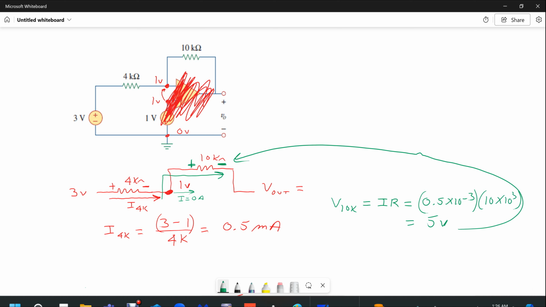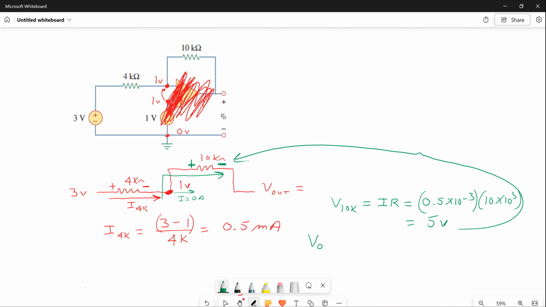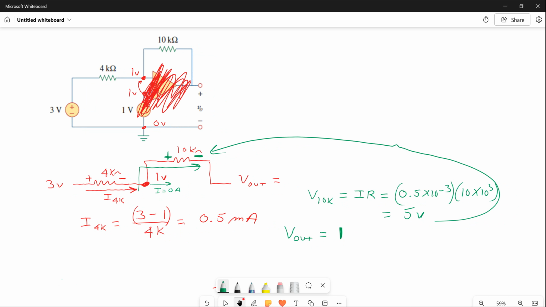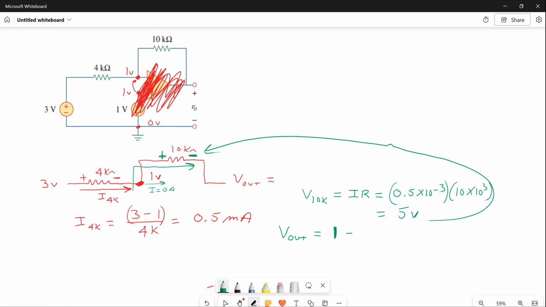So now you can calculate V out by simply saying you know the voltage absolutely on the left side of the 10K resistor. It's 1 volt. It's not virtual ground like the last problem. The voltage on the left side of that 10K resistor is 1 volt. That's your reference point now. Then you subtract the voltage across the 10K because it's a drop, plus to minus.